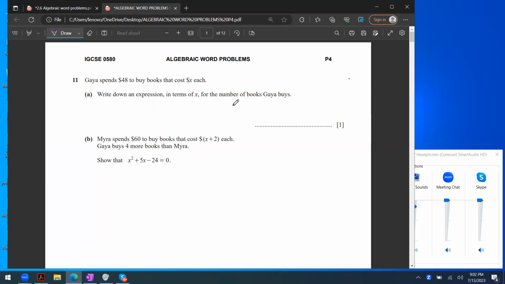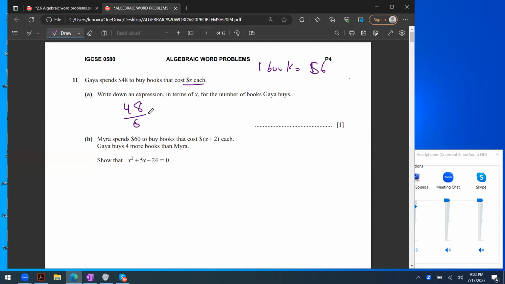What should it be? Each costs X, all right? So 48 is the total bill. Suppose each book is $6. One book costs $6. Then how many books is he going to buy with $48?